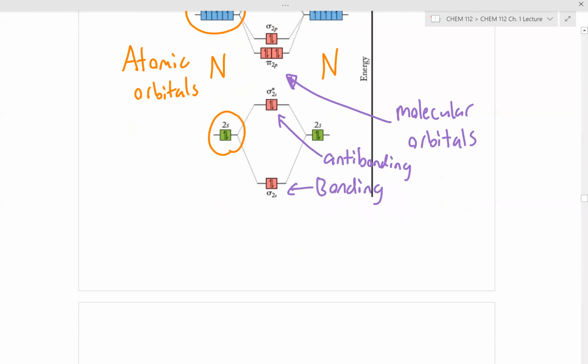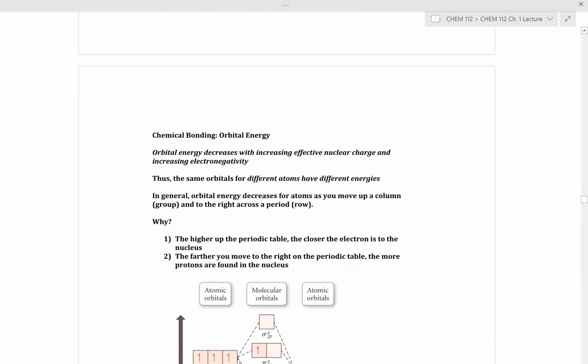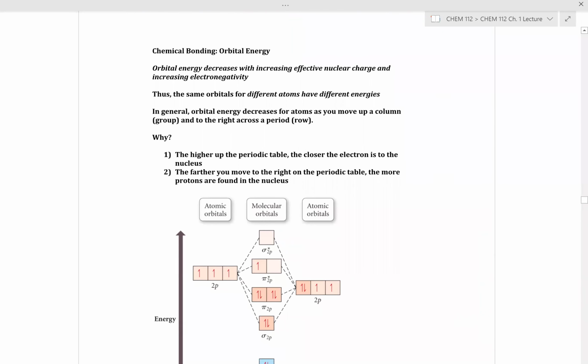So, first and foremost, not all of these atomic orbitals are created equal. As we've discussed time and time again, depending on the exact atom and the electronegativity of the atom, you end up with a different orbital energy.